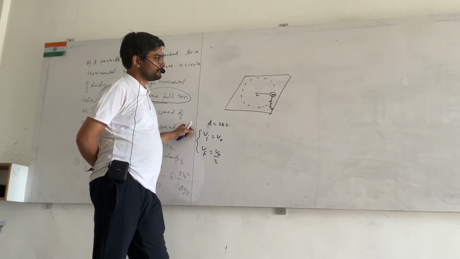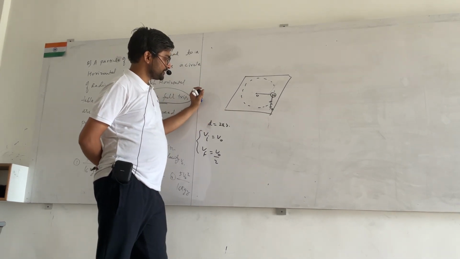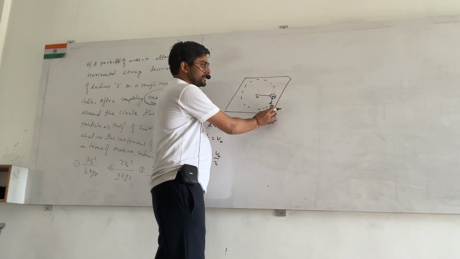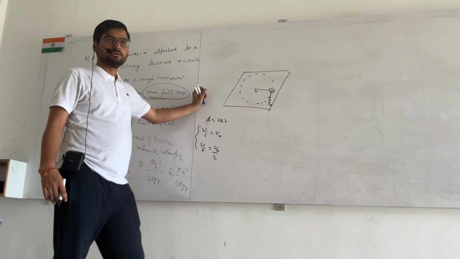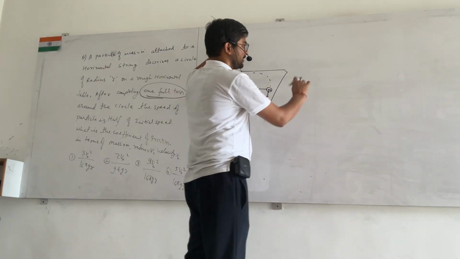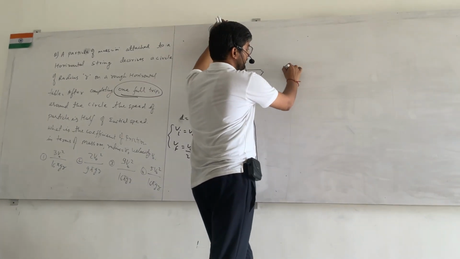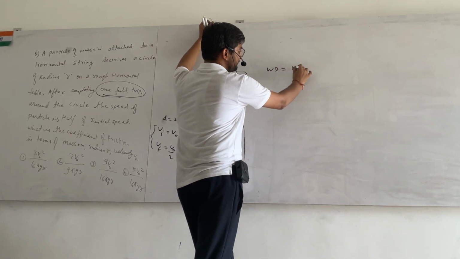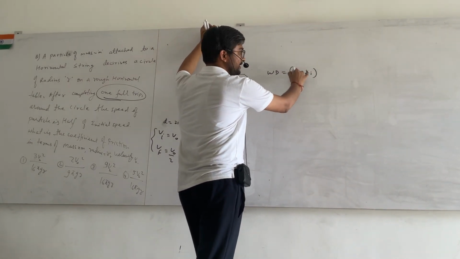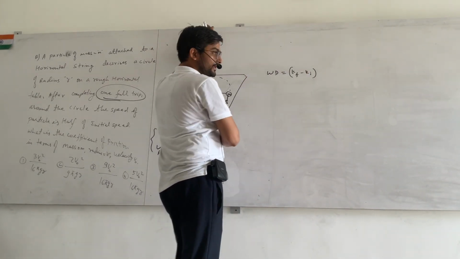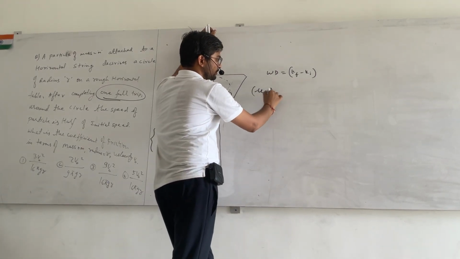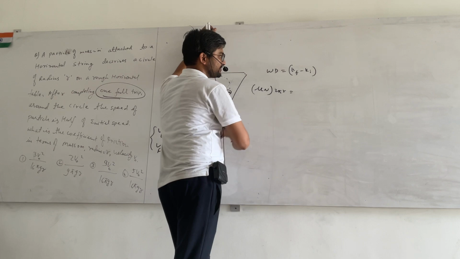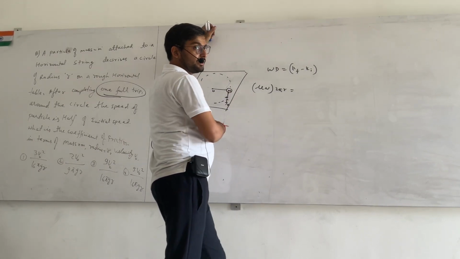In this question, only one force acts on the particle in the horizontal plane, that is the friction force. The work done is equal to K final minus K initial. So what is the work done here? The work done is the friction force, mu N, into 2 pi r, the distance of the particle for one round.